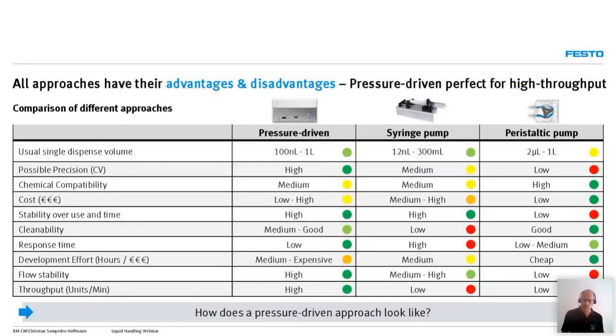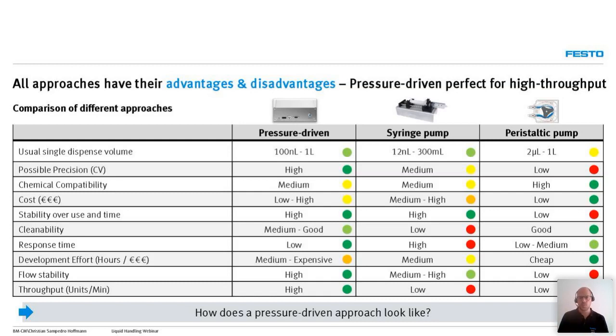And for sure, there are a lot of different approaches in the market. So I picked, in my opinion, the 3 most common. We have the pressure-driven approach, which I want to explain today. We have the syringe pump approach, the peristaltic pump approach, but also there are a lot of other approaches as well. I do not want to go too much into detail here because we do not have too much time.